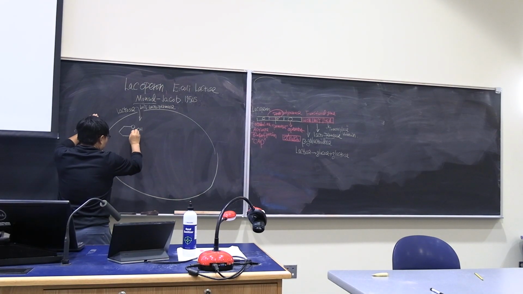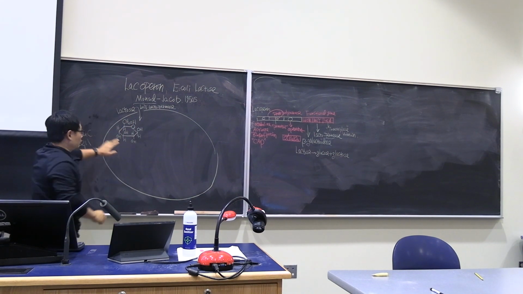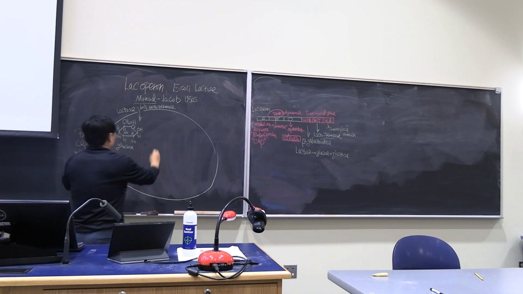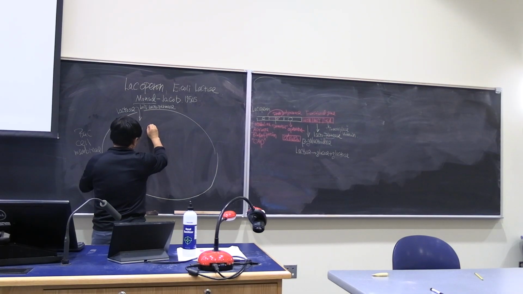H, H, OH, OH, H, OH, H, H, CH2OH. What is that? That's glucose. Okay, what is galactose? Exactly the same. There is only one exception. So we draw it like that. Exactly the same, we can just copy.